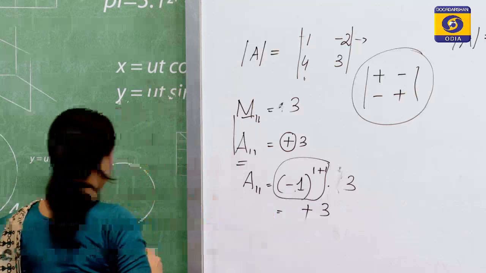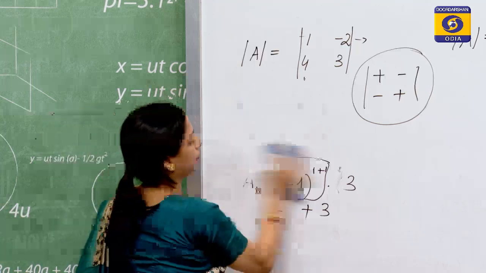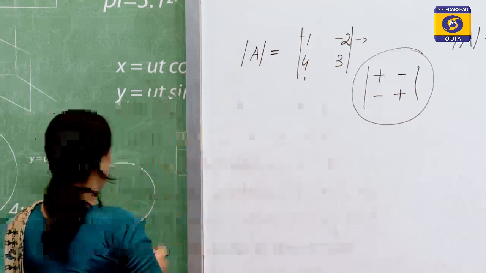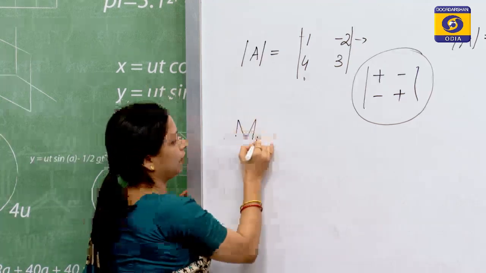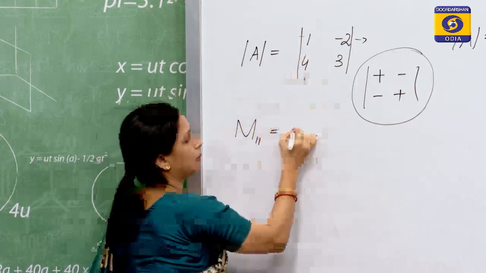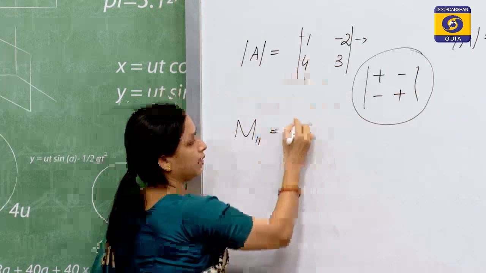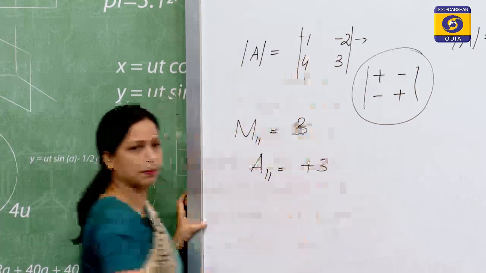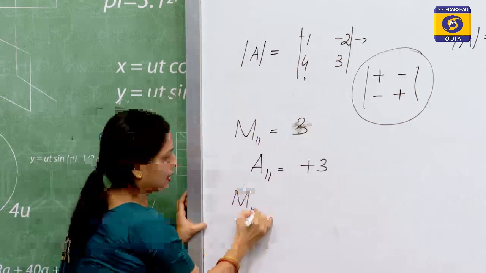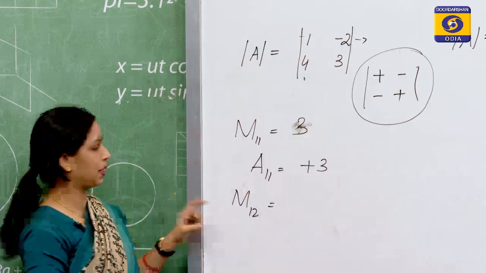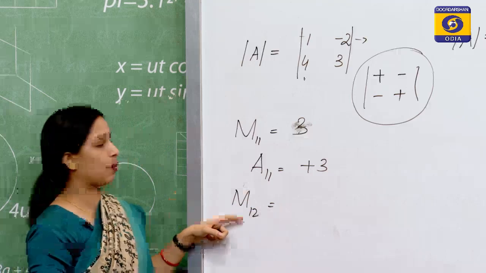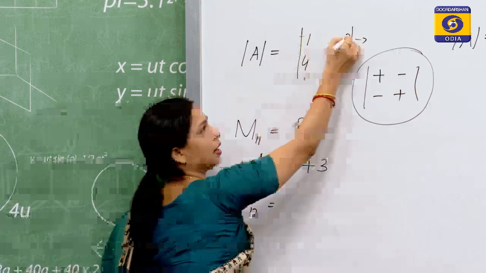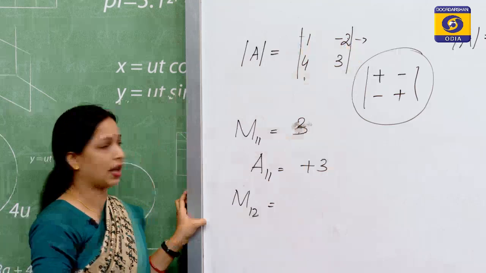Now, so the minor of A11 is plus 3 and the cofactor is plus 3, same. Similarly, let us say M12, that means the minor of A12, in which the element A12 exists.